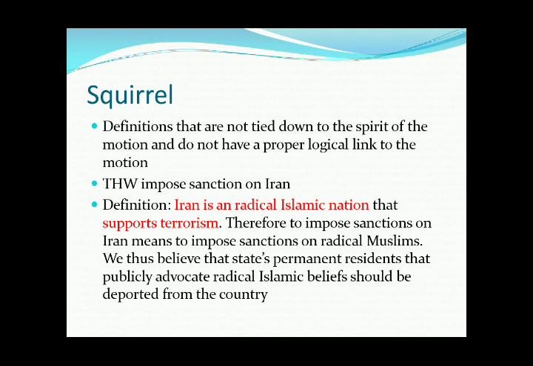Then after you have a clear understanding of the issues in the motion, you can start defining the motion terms. But be careful in defining the motion terms, because when you are wrong in defining, for example, you make a tautology or truism or squirrel that leaves your opponent no room to debate, it is wrong.